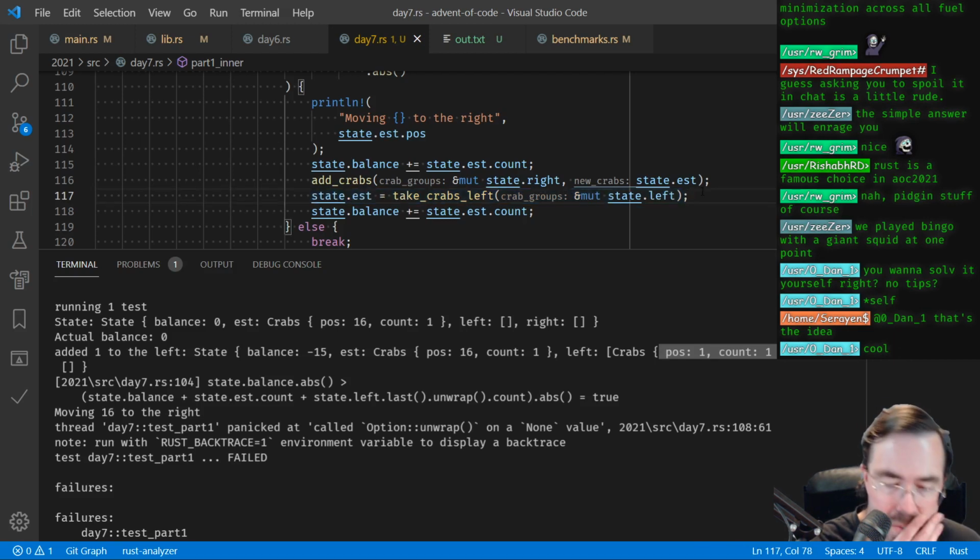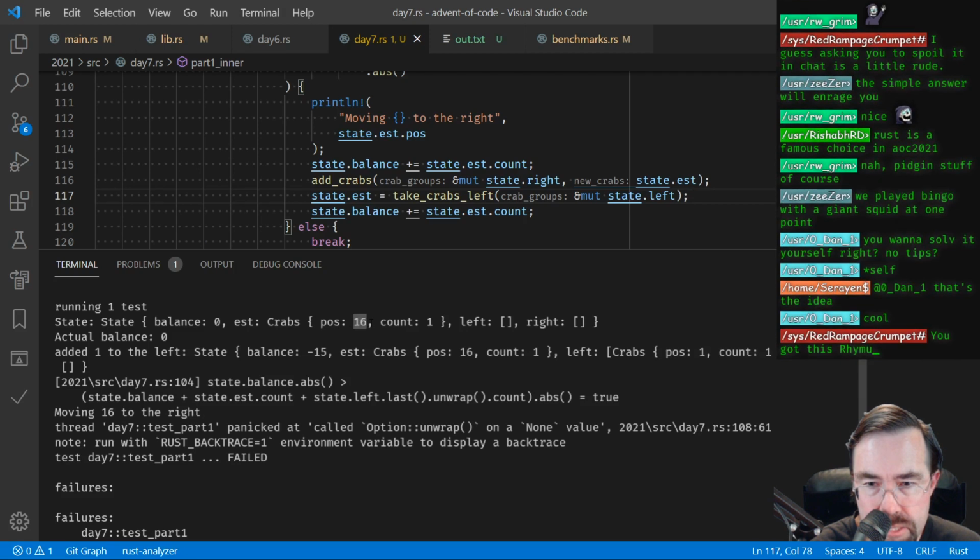But what is the equation? Crap. So if it was at 16 and it moved to 1, that's a shift of 15.